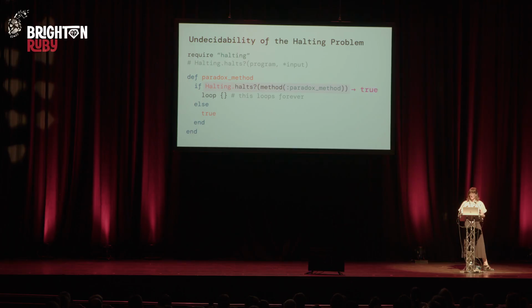If halts with paradox method as input returns true, it means that paradox method halts. So if this is true, this halts. But we can see that actually it doesn't. It loops forever, right? Now, assuming that halts for paradox method returns false, in this case we will be in the else.